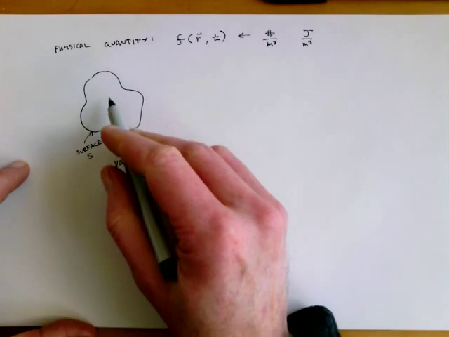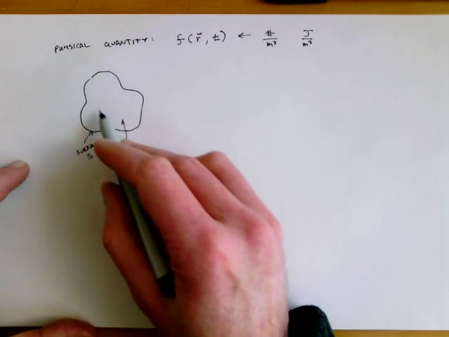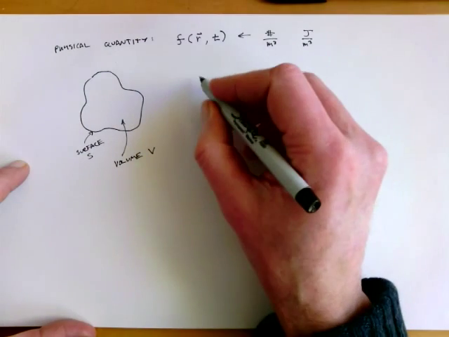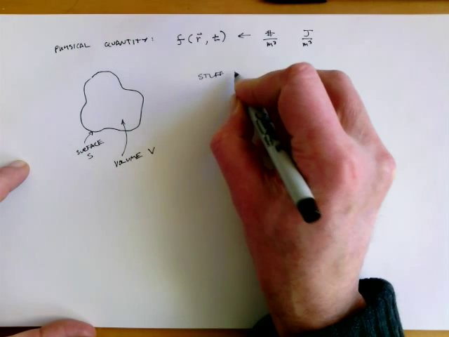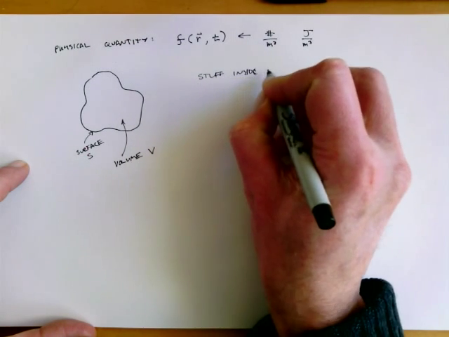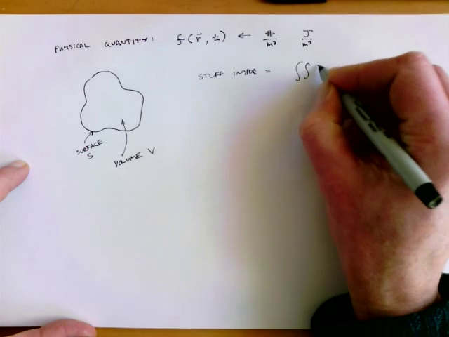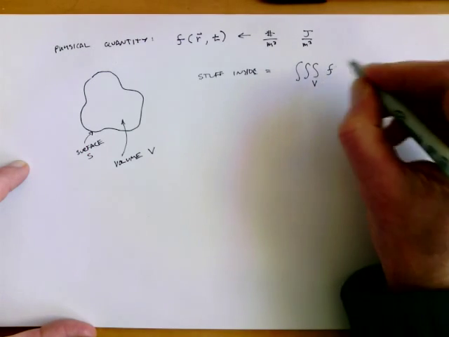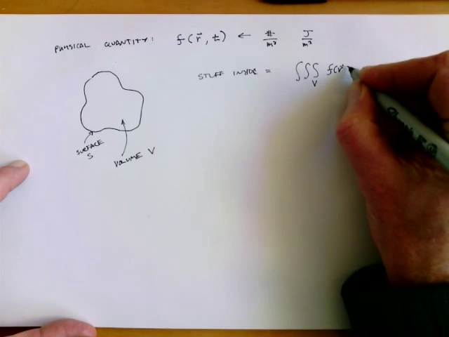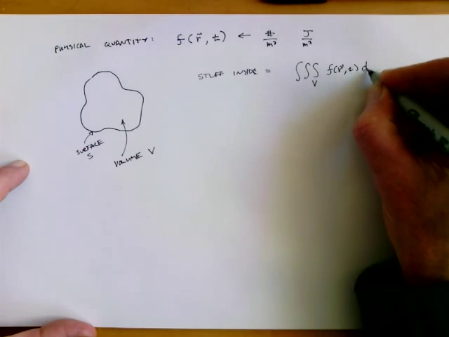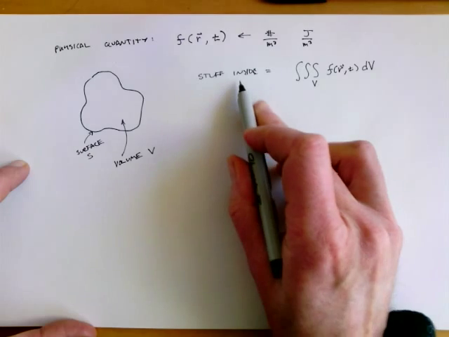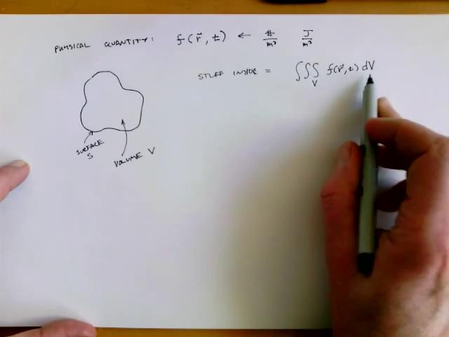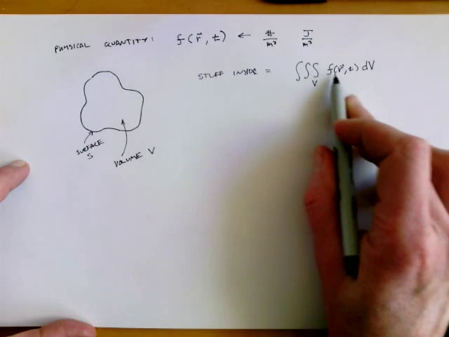Now, if we wanted to ask the question, how much of that physical quantity is inside of this volume, we'd say, well, the amount of stuff inside would simply be a volume integral over that volume domain of whatever that function was. Right, so this would tell us the amount of stuff inside the volume at some time t. We're integrating over this volume, so this has units of number per meter cubed.